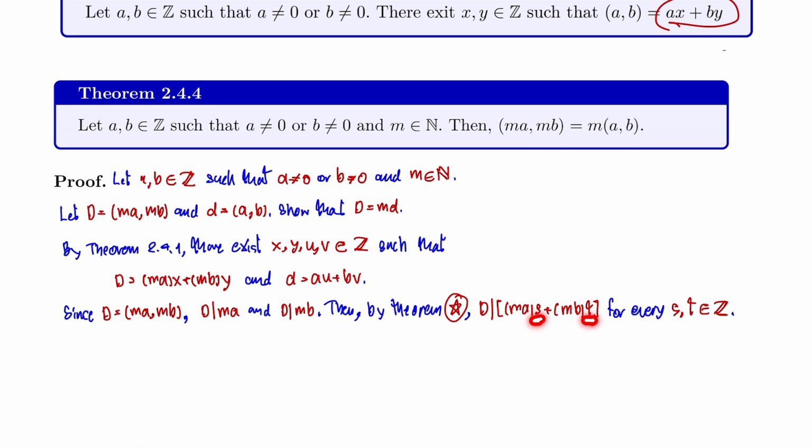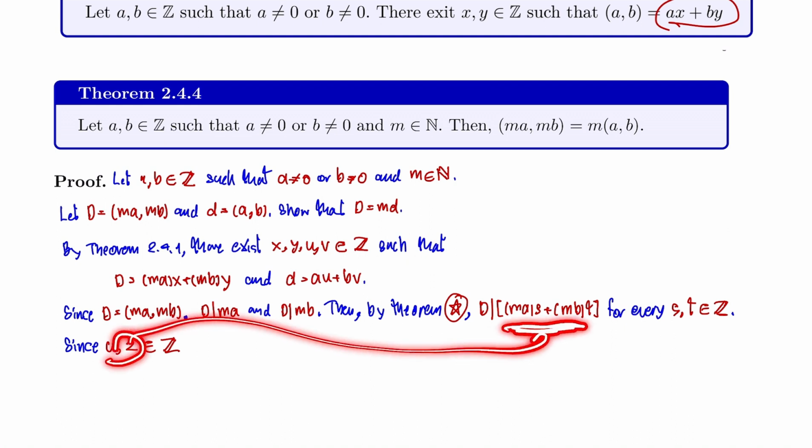What we have right here is u, because I try to write this term in terms of small d. So I have to plug in u and v. Since u and v are integers, I can plug in u and v into this division.